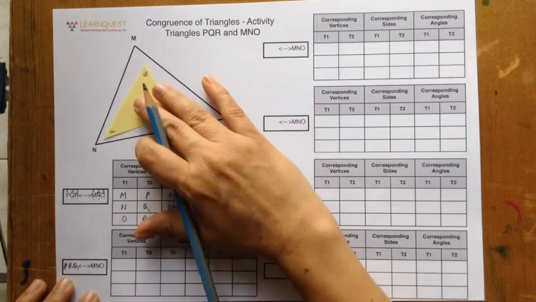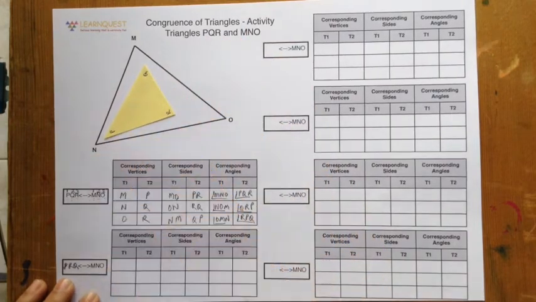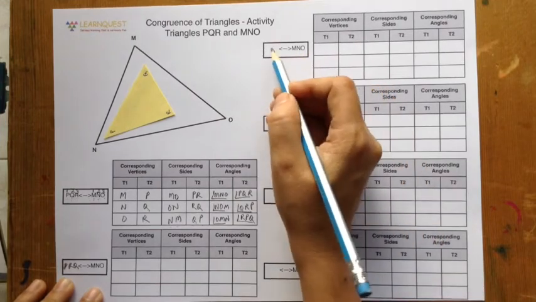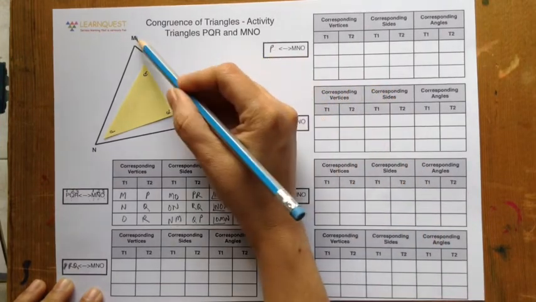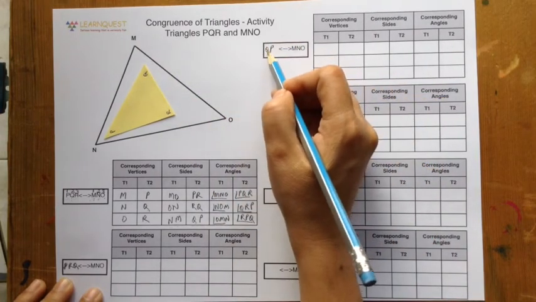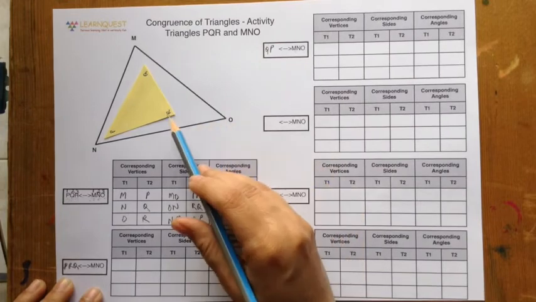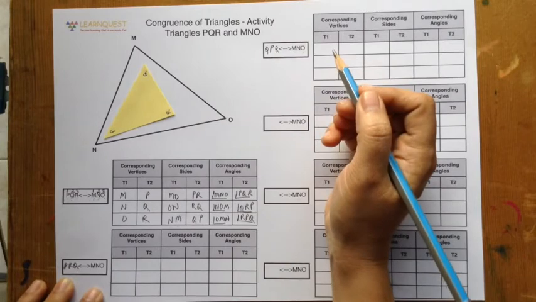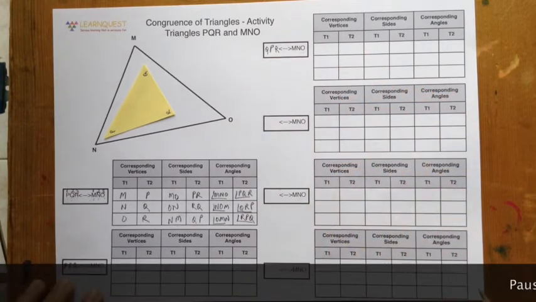We are going to now match P with N. So we have P, matching with M is Q. So M is the first position, so this should be Q. Matching with O is R. So this is the third position, so this should be R. Can you tell all the correspondences in this orientation and for this mapping?